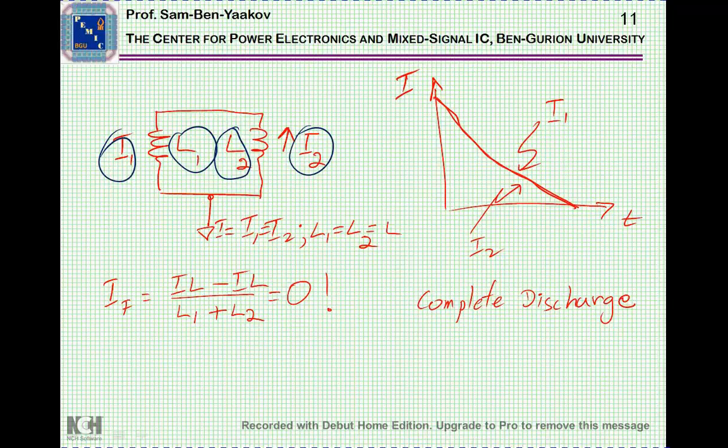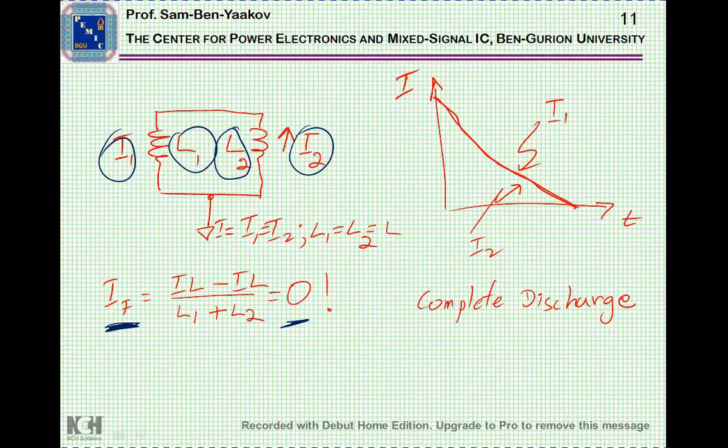So you can take two inductors, they have the same inductance and the same currents, and you connect them in parallel. Well, if you plug in the values in the equation, you get that the final value is 0. That is, all the energy will be dissipated, nothing will be left.